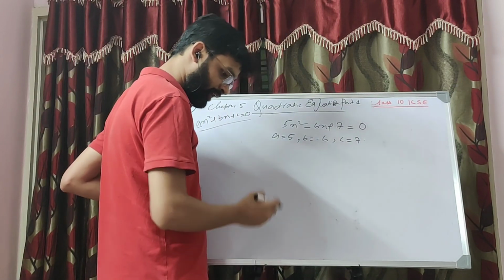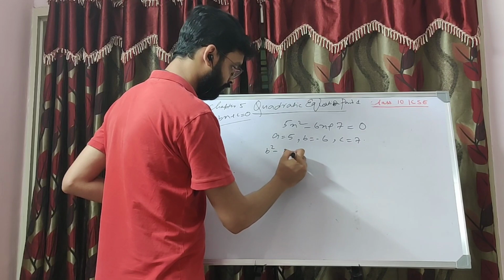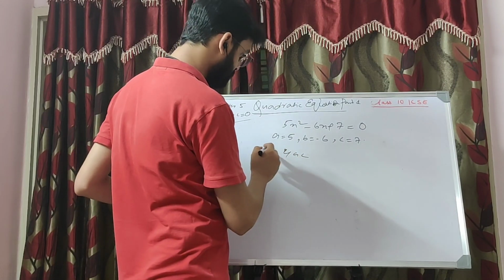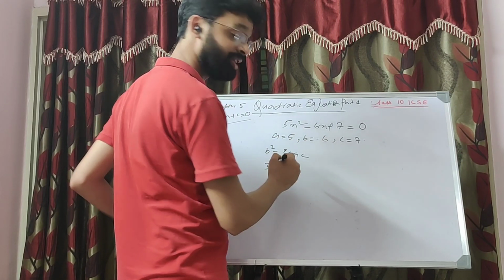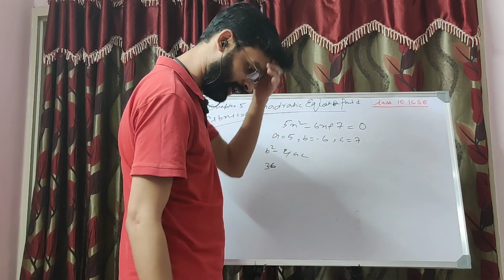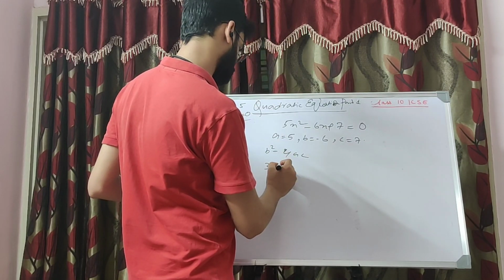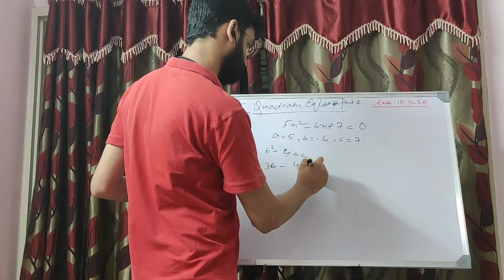So when we are using the discriminant formula, that is b square minus 4ac. B square, that is minus 6 squared, 36, minus, when it is double, the negative sign goes. This will be minus 4 into a, which is 5, into 7.